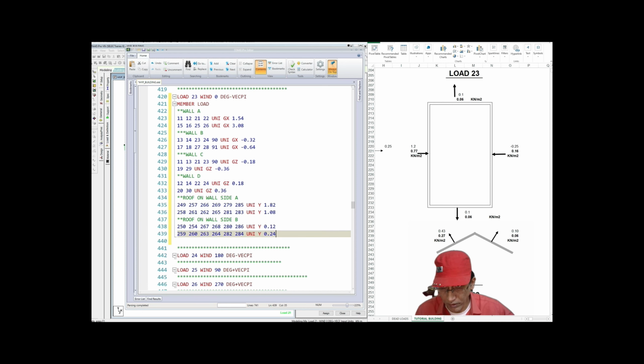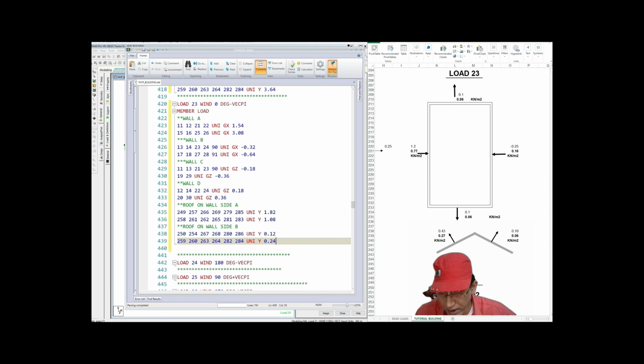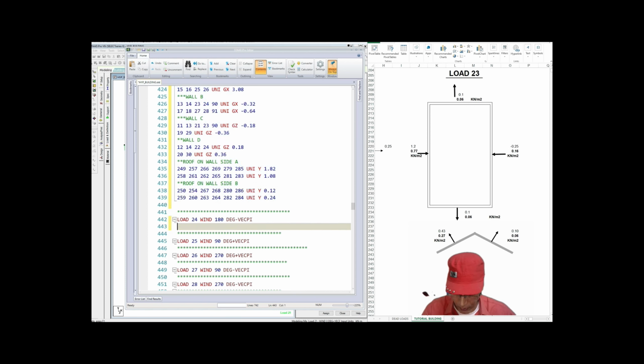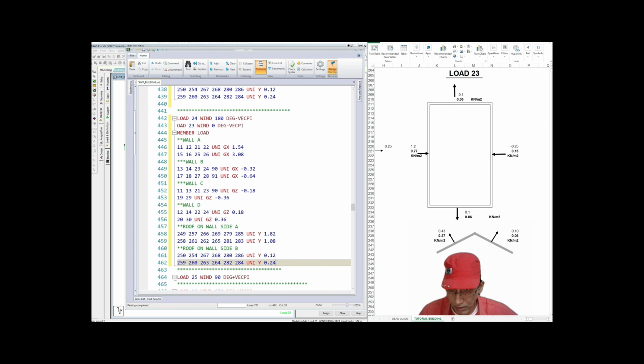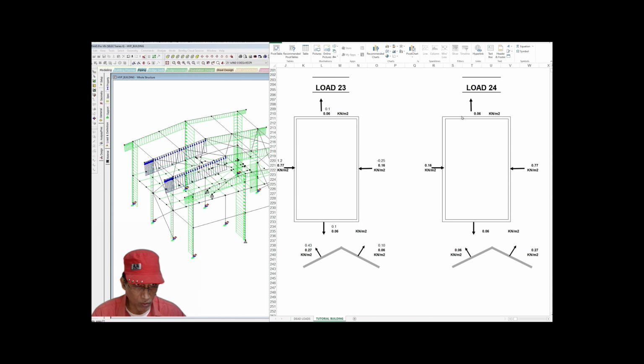So again, the load case number 24 will be opposite to 23. So let us copy load number 23 below load number 24. Load number 24 is just opposite of load number 23.